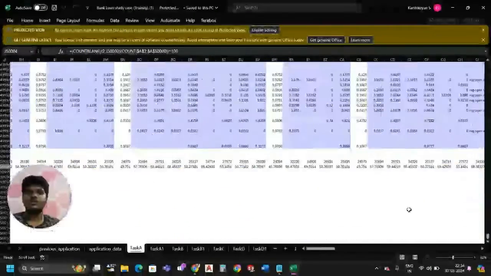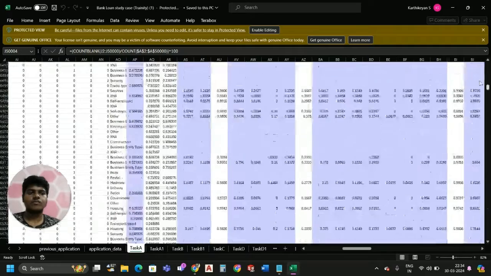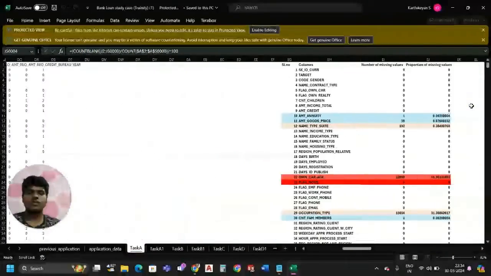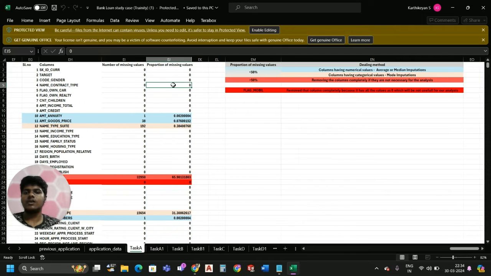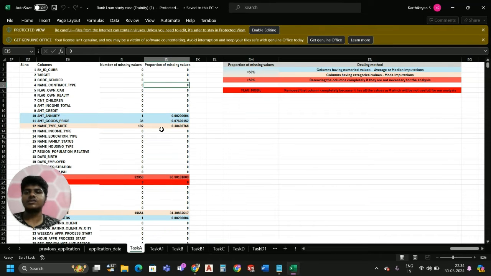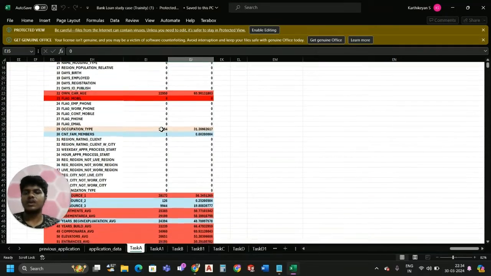After doing this, we get to know the number of missing values every column has, and according to that we also get the proportion of missing values. We can see that I have marked several columns with different colors.